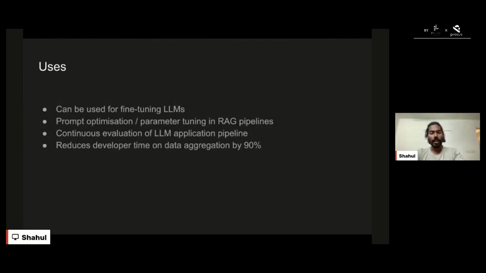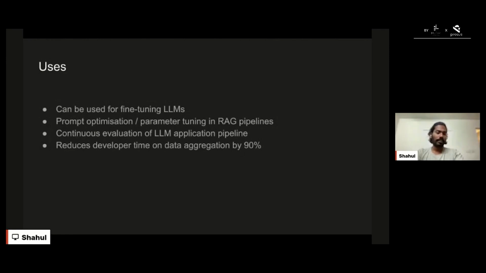It can also be used for prompt optimization in retrieval augmented generation pipelines, where there can be multiple components to optimize. For example, you may have two components, a retriever and a generator. Optimizing these without a proper evaluation framework can be very hectic.